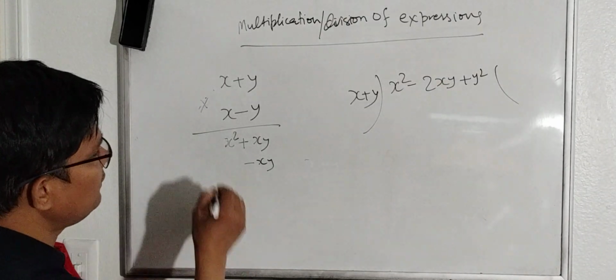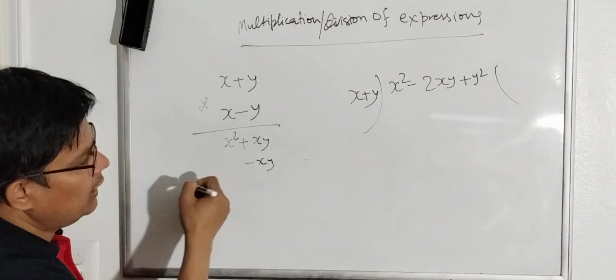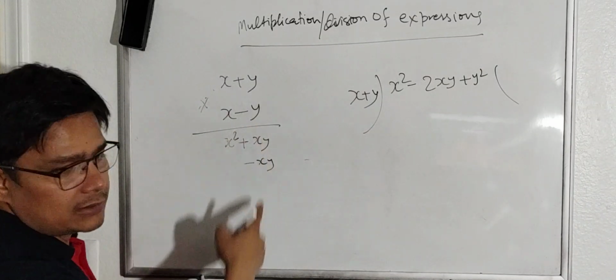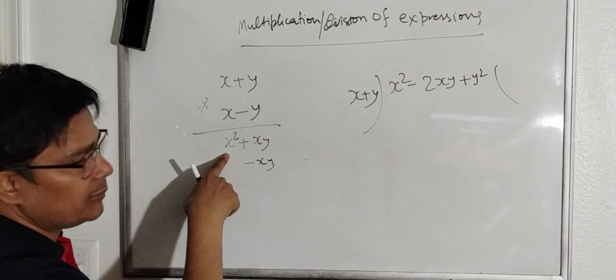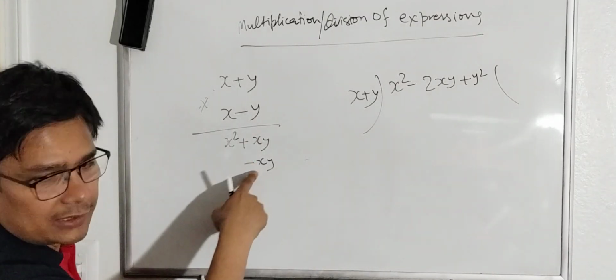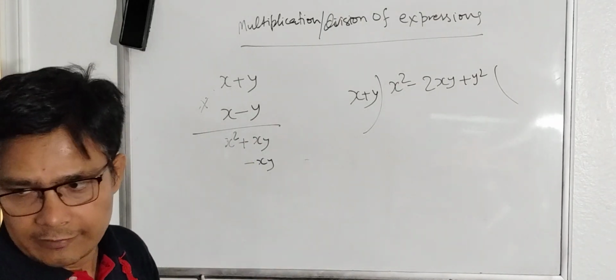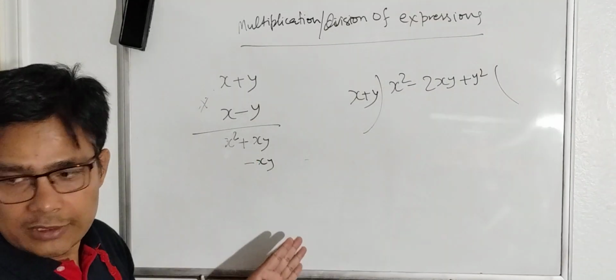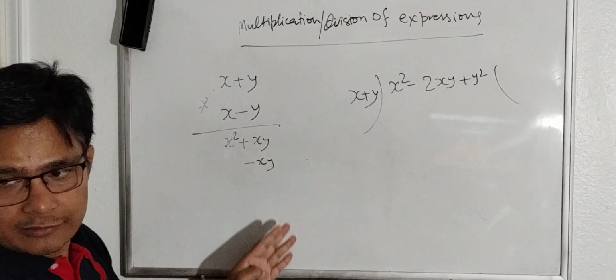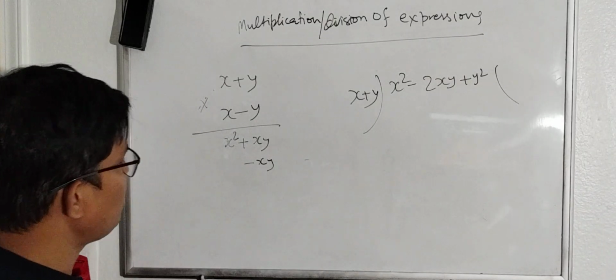You can skip the first value and start from the second term in the expression. I'm writing below this, but it's up to you. It's not a rule that you have to write below the second term. For clarity, I'm writing here so that I can go backward in that direction.